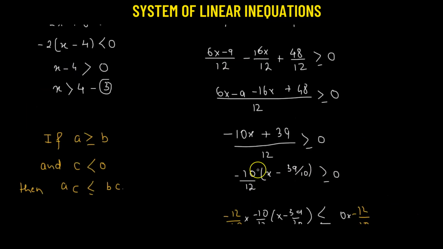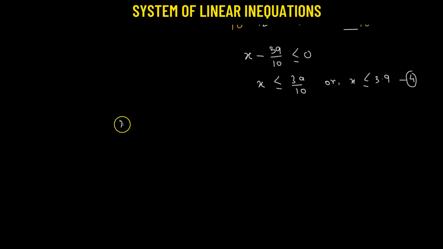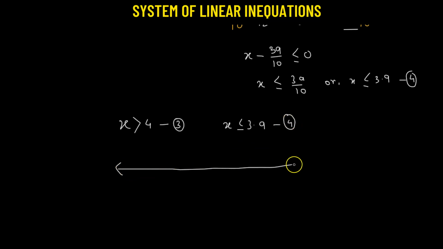Now in number 3, we obtained that x is greater than 4. This solves the first linear inequality, and x less than or equal to 3.9 solves the second linear inequality. Now we have to find a combined solution that satisfies the system of linear inequalities.